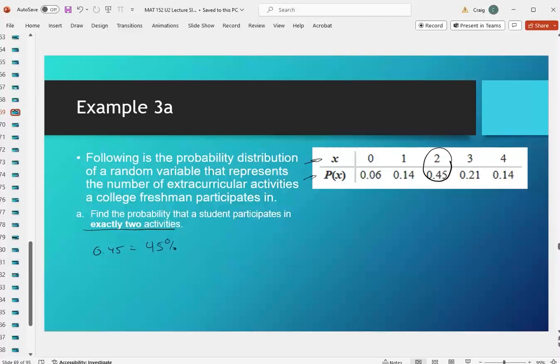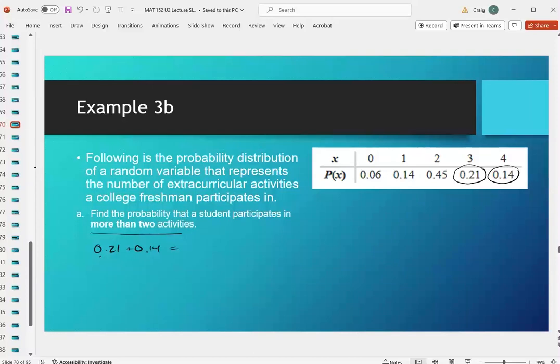Okay, let's take a look at the next one. Find the probability that a student participates in more than 2 activities. Well, more than 2 means 3 or 4. And so the probability of 3 is 0.21, the probability of 4, 0.14. We can add these up. Oh, I was trying to divide, no dividing.